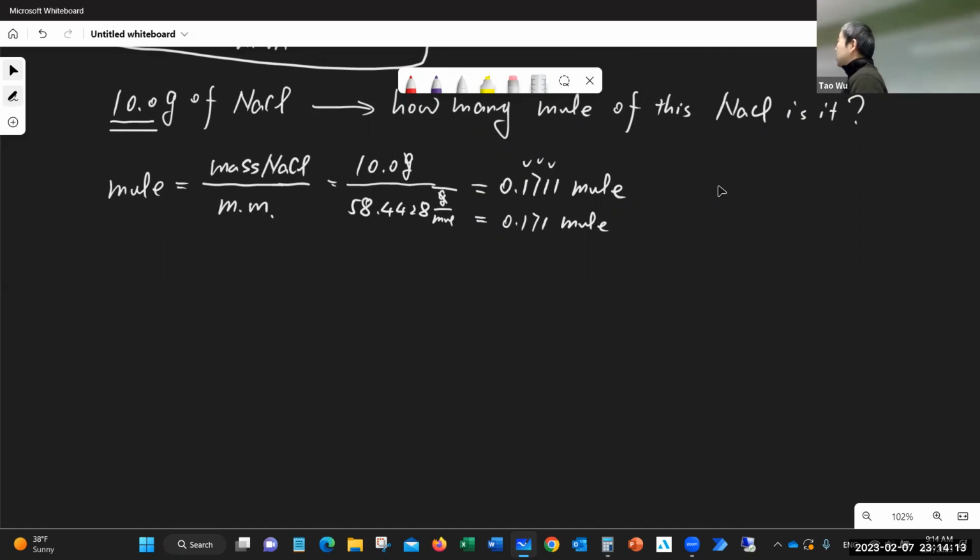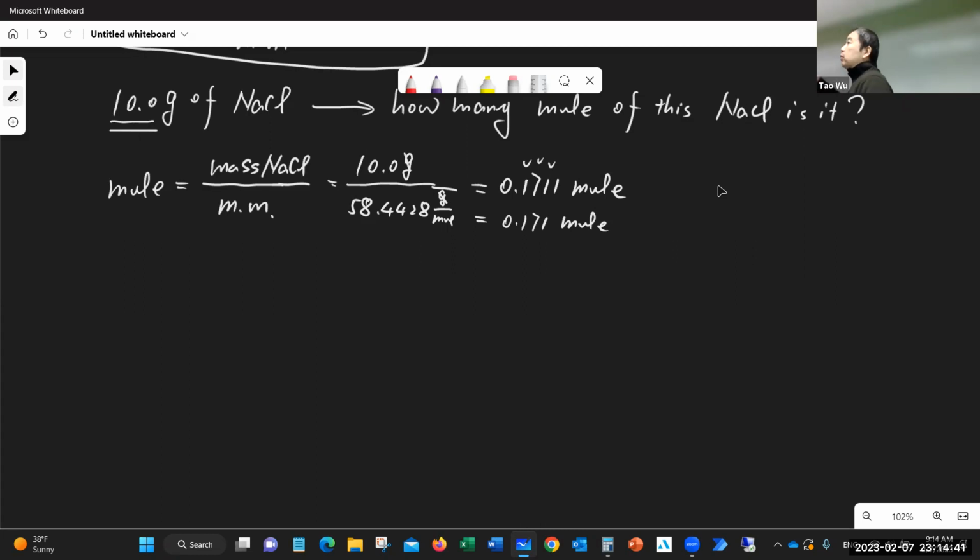We don't have an instrument that directly measures mole, because mole is a number of molecules. We can only measure the mass of those molecules.